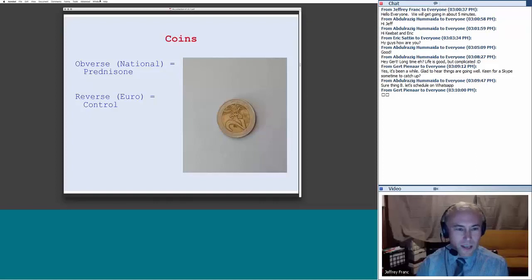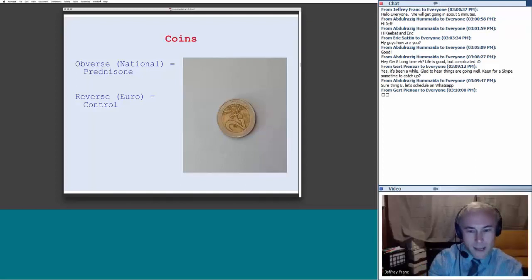In Europe we use the obverse reverse terminology; we call them heads and tails in North America. As each patient comes in, you decide at the beginning of your study that anyone where the heads comes up gets the placebo, tails they get the study drug, which in this case is prednisone, and you just flip the coin. And that's it.